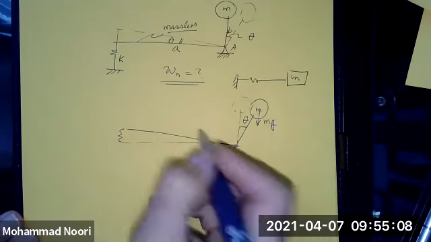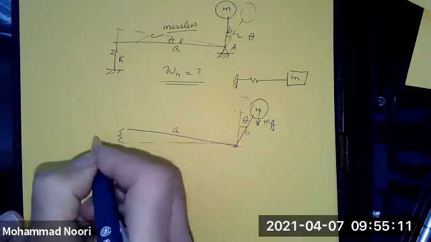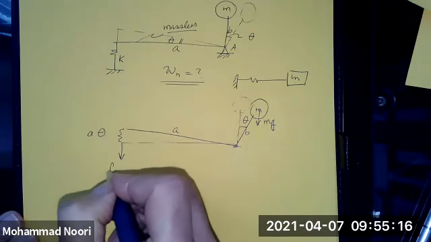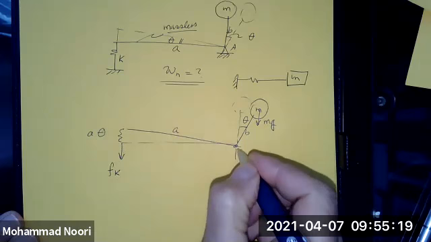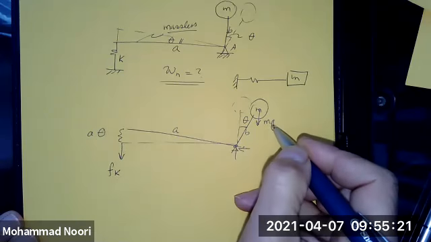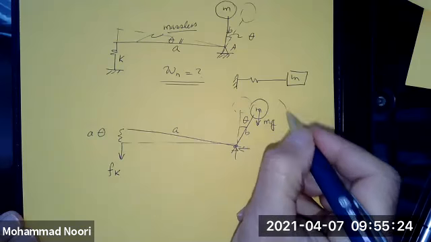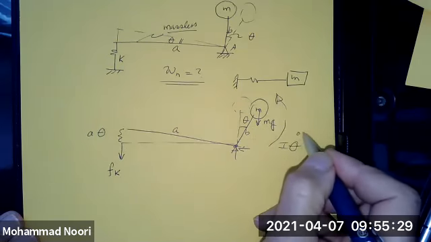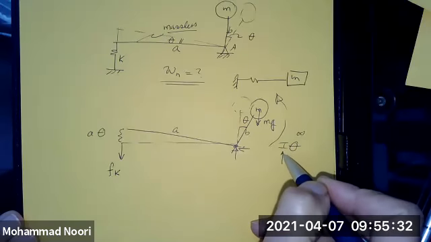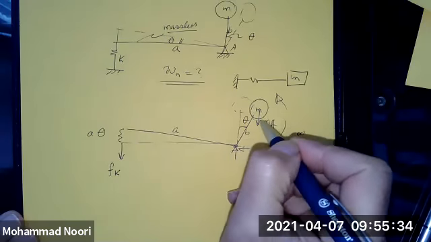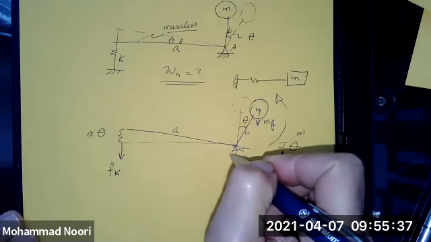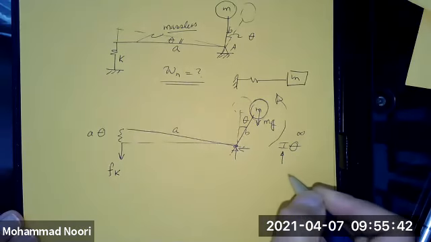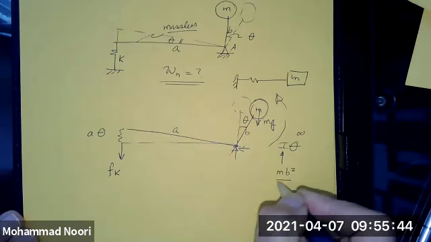The displacement here, if this is a, this is b, would be a theta, and obviously I have this force of the spring, these two forces again, and again the inertial force, which I put in the opposite direction, I theta double dot. The only moment of inertia that comes into the picture is due to this lumped mass rotating about this point. This distance is b, so this would be m b squared.